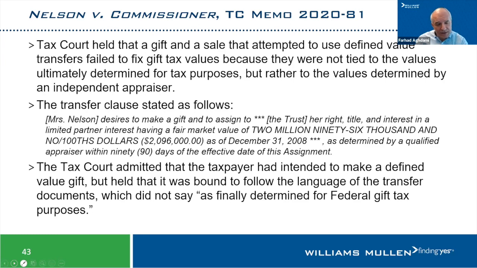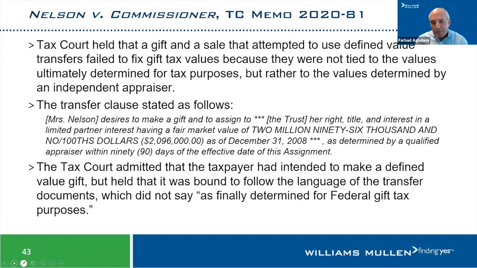And the transfer clause said, Mrs. Nelson desires to make a gift to her trust and transfer limited partnership interest having a fair market value of $2,096,000 as of December 31st, as determined by a qualified appraiser within 90 days of the effective date of the assignment.